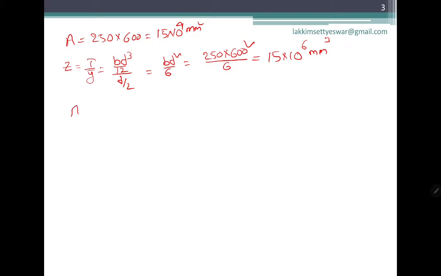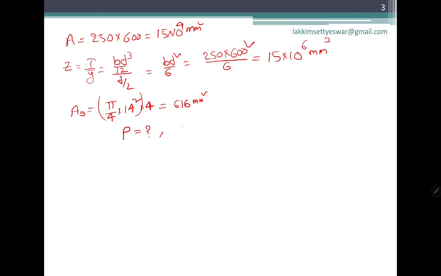Now area of the steel. So each bar diameter is 14 mm. So how many bars are there? 4 bars are there. So pi by 4 into d square into 4 equal to 616 mm square. Now let's calculate the pre-stressing force.